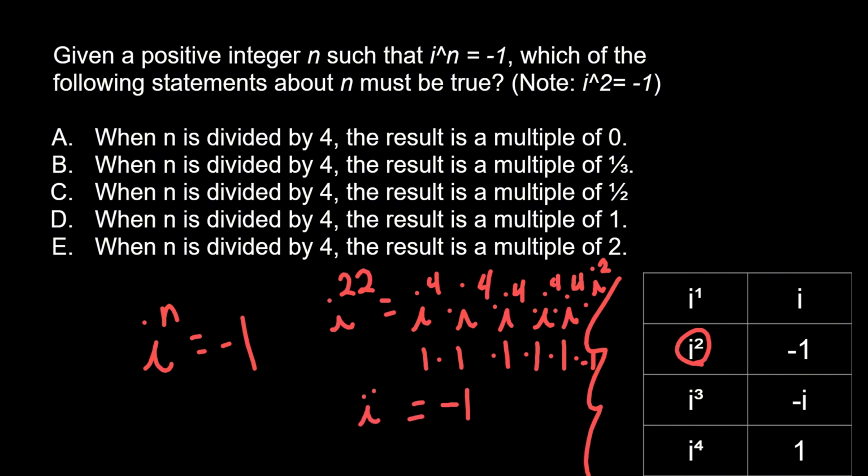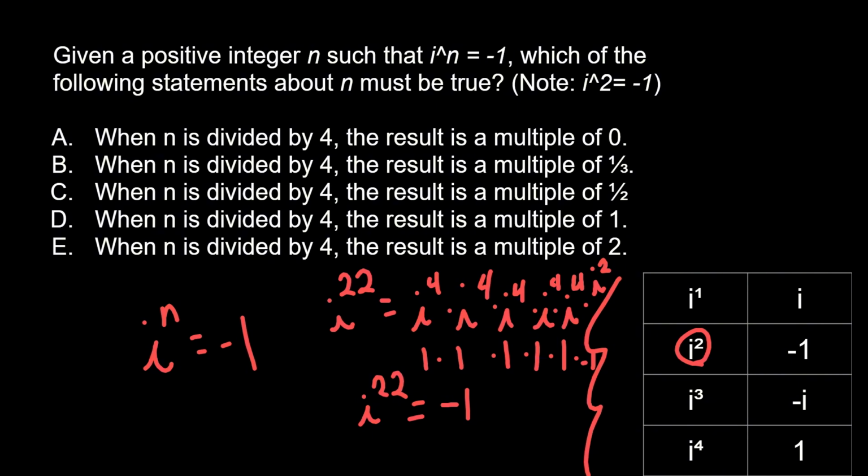So we have to figure out what we need to do so that it is the value of n. When we raise i to the power of n, it's always negative 1. Now, to do this, we have to divide that number by 4.